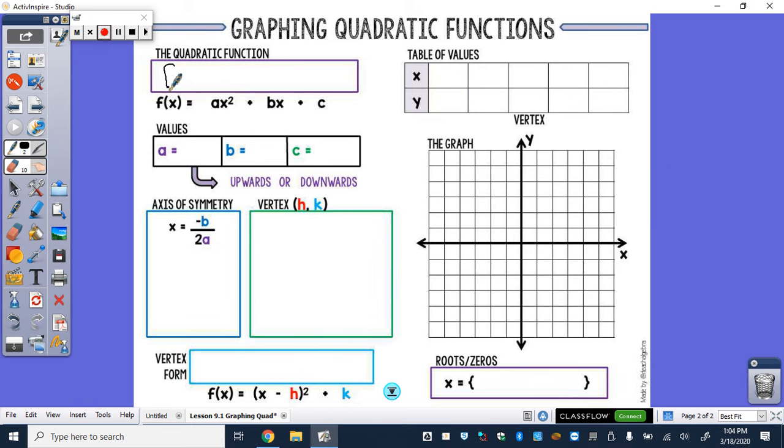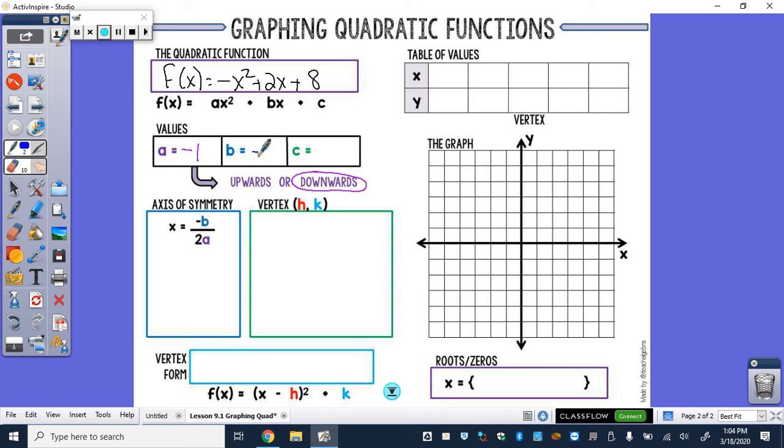So flipping that over, let's try another one. So let's take this quadratic negative x squared plus 2x plus 8. My a is a negative 1 this time. Because it's negative, my parabola is going to open downwards.